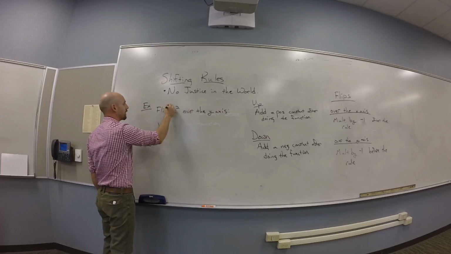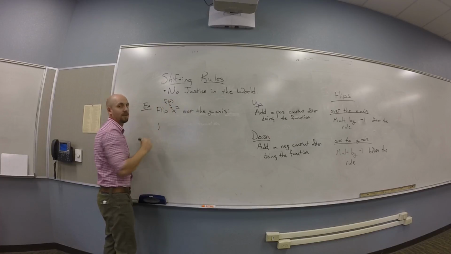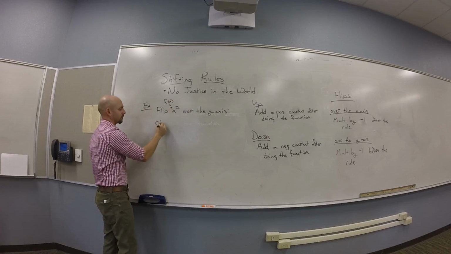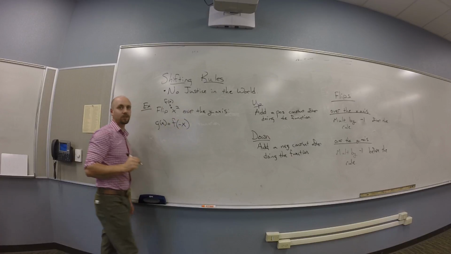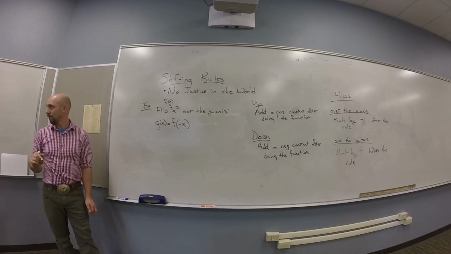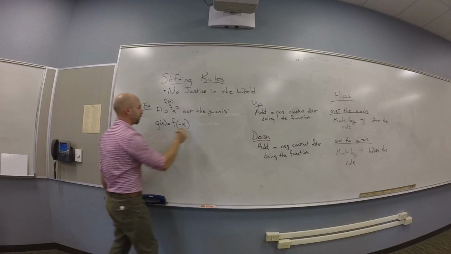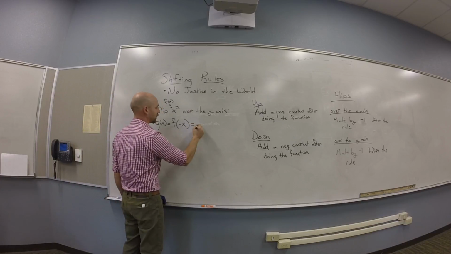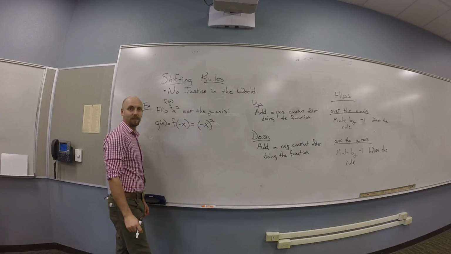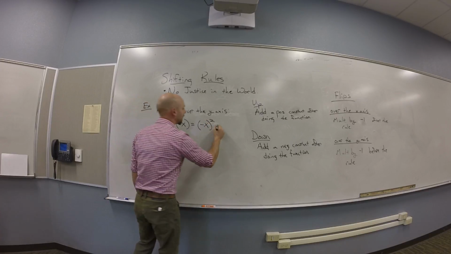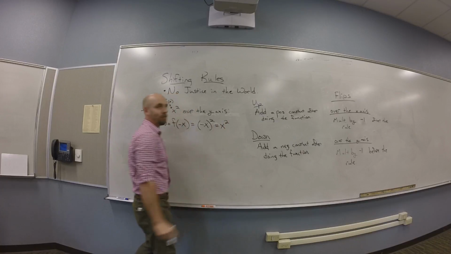If I think of this as f of x, then g of x would be f done to minus x, which is just x squared. But f is just stuff squared. So if you take minus x and square it, it's the same as positive x squared. You just get positive x squared out anyway.